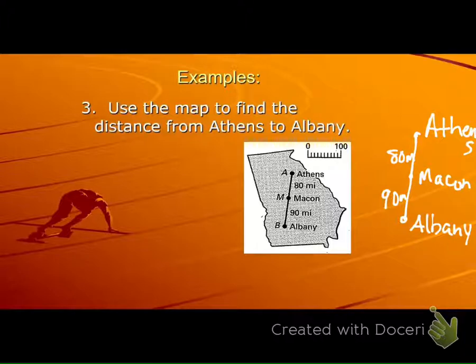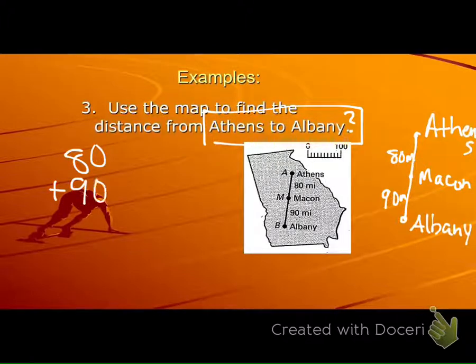And I am asked to find from Athens to Albany, question mark. It's just this right here. It's just hung off the board a little bit. So Athens, Macon, Albany. I'm just showing you don't have to draw the whole state. I believe that's Georgia. You don't need the whole state of Georgia to have this in your notes. Very good. I'm going to add 80 and 90.